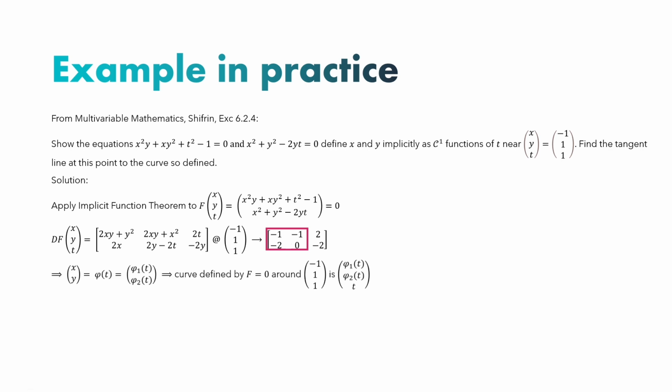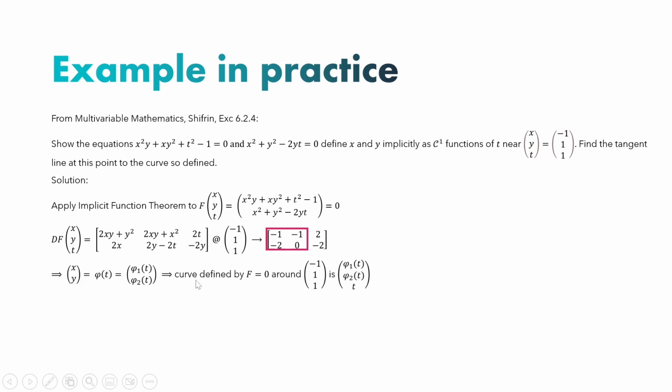Then what that means by the implicit function theorem is that we can solve for x and y in terms of some function of t, and in particular a C1 function of t. So we will be satisfying this C1 property by the implicit function theorem. As we typically denote it, the function is phi, which here is going to be broken into two components, phi1 and phi2, for each of the two variables x and y respectively.